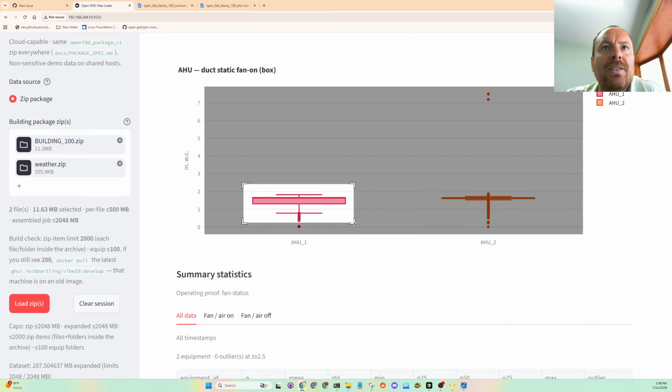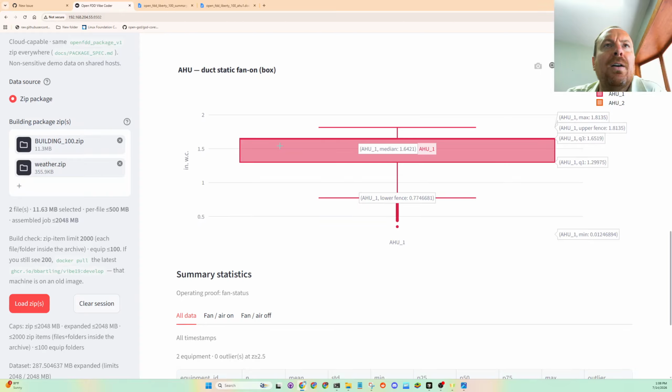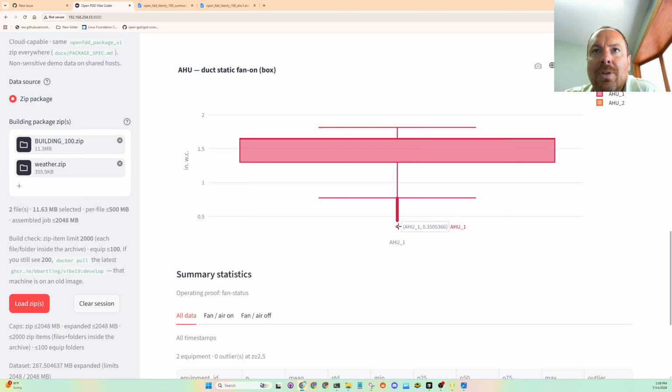If you look at the box plot, you can also tell this air handling unit would have problems too. 50% of the time it nails it right at 1.5 inches. So this is quartiles. Basically these are little outliers right here, and then 50% of the data is in between here and here.